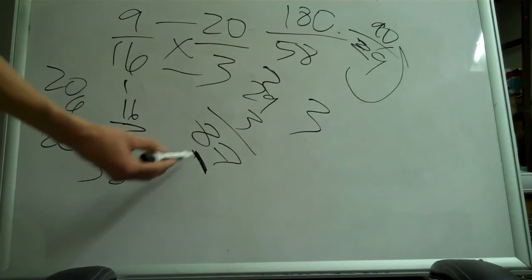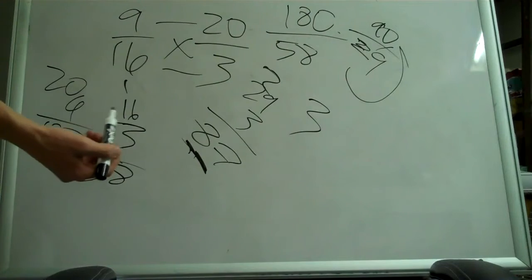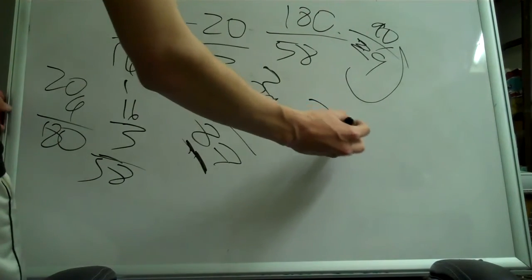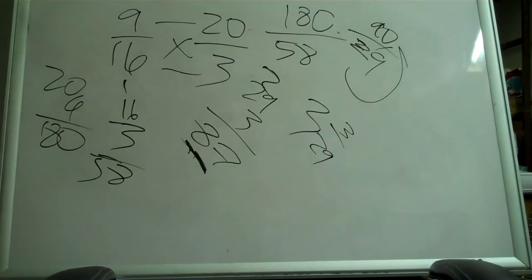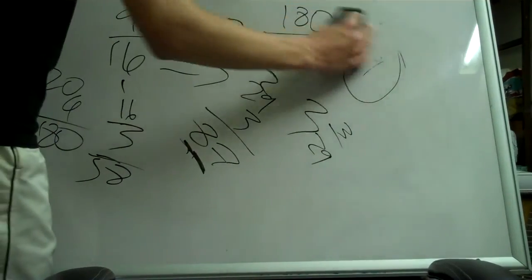So you have 3 over your denominator here, 29. I think that's right. No, it's not. Dang it. How's that not right?